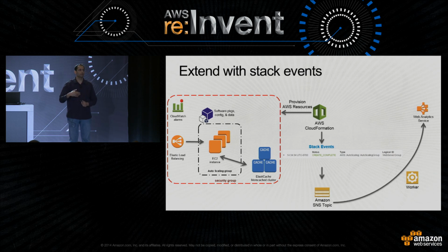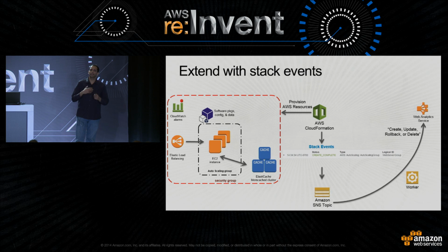In this case, it will pick up the create complete event for the autoscaling group, and then pass in the message or execute the code that provisions the tracking ID or subscription in that third-party service. So this is a fairly simple way to achieve that extension. But there is no feedback back to CloudFormation. If the subscription fails on the third-party side, you won't get any response back right inside your CloudFormation stack.